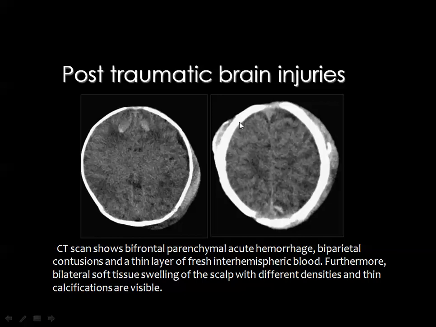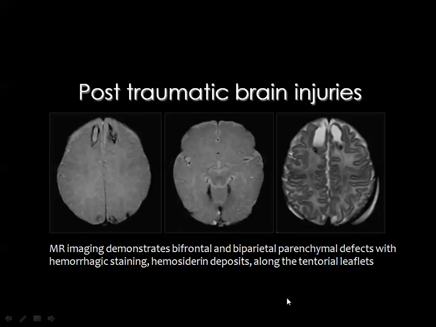Then outside the skull, you see a large subgaleal hematoma. By MRI, if you use the gradient images, you can appreciate the presence of blood even in minute foci. Here you can see the appearance of the blood in the frontal lobes and the appearance of the blood in the posterior parietal lobe.